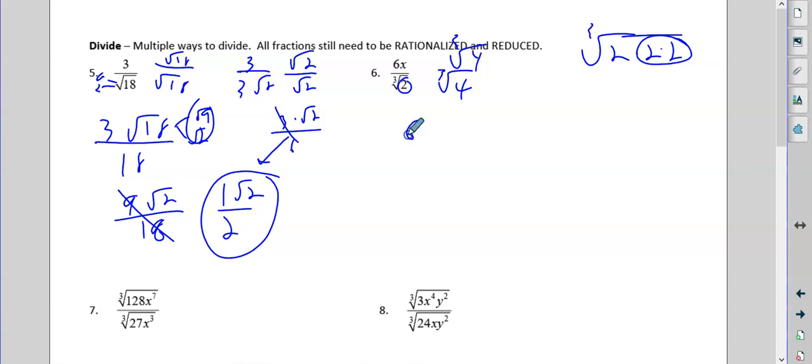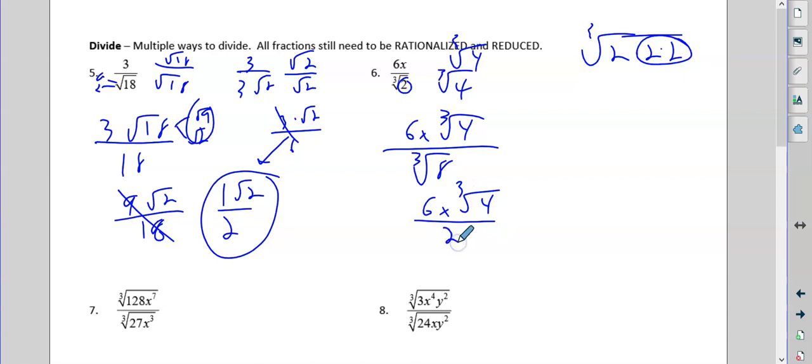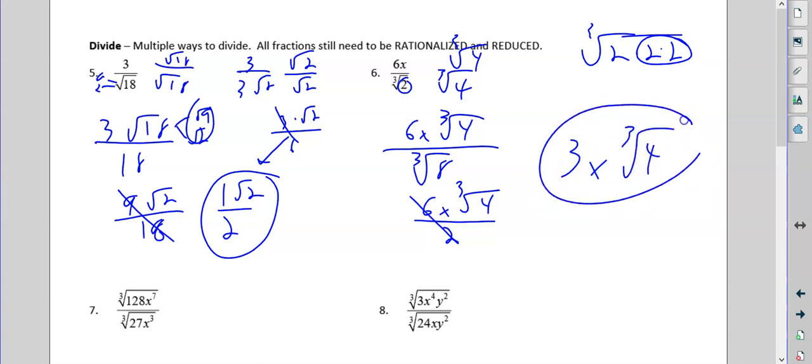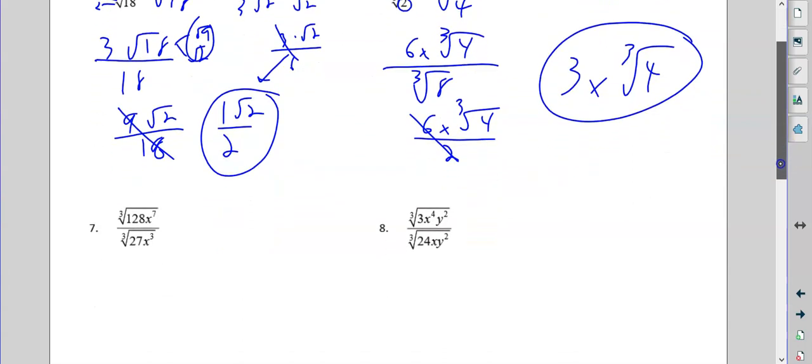So on the top, I have 6x, cube root of 4. On the bottom, I end up with the cube root of 8, which is simply 2. So I have 6x, cube root of 4 over 2. 2 goes into 6 3 times. My final answer is 3x times the cube root of 4, no denominator at all.